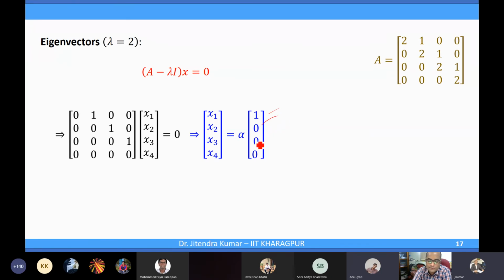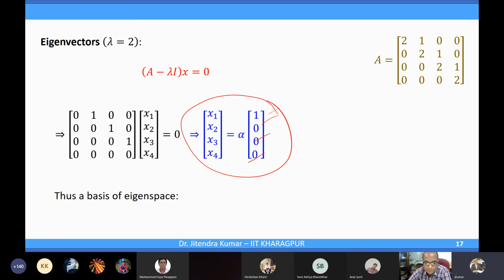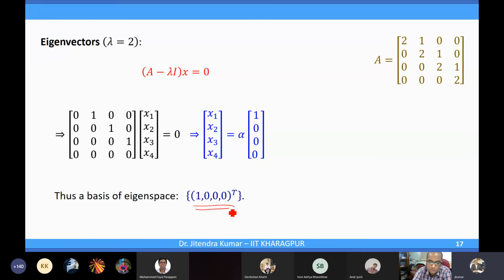You have an eigenvalue which is repeated 4 times, 2, 2, 2, 2, and you get only one linearly independent eigenvector. So the basis for the eigenspace is the vector (1, 0, 0, 0). Clear? Yes, sir.